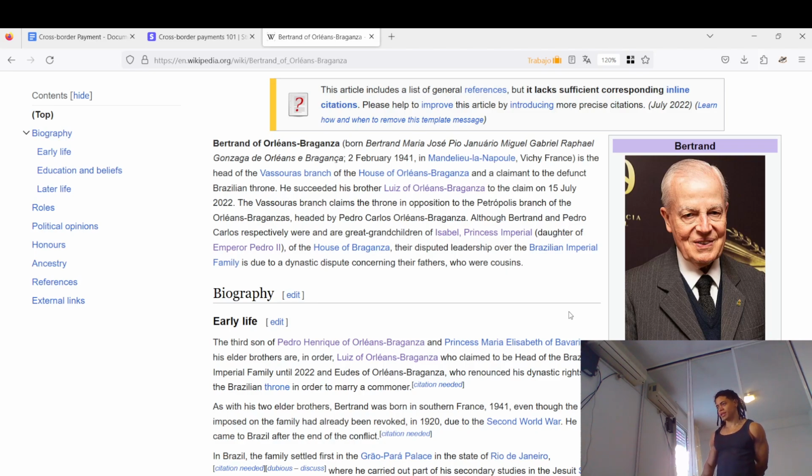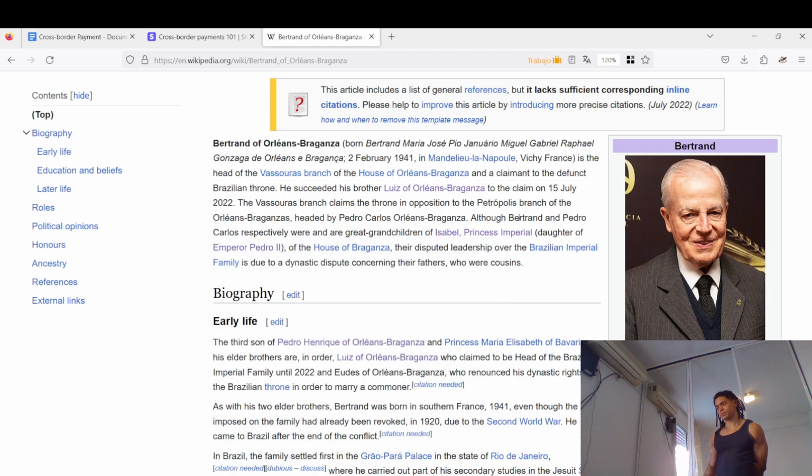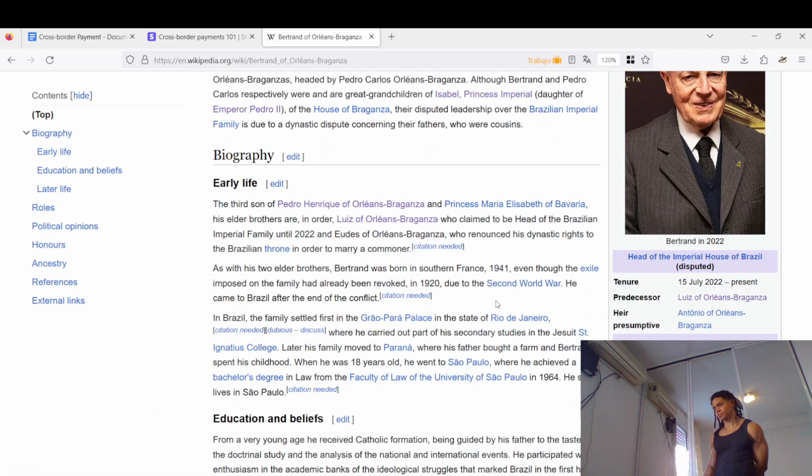He was born in France. Isabel, Princess Imperial. Pedro and respectively were great-grandchildren of Isabel. Heir presumptive.